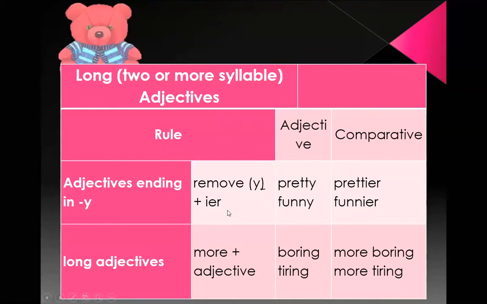But if we have a y at the end of the adjective, what do we do with the y? We look at the letter before the y. If it's a consonant, not a vowel, we omit the y and add ier. So pretty will be prettier, funny will be funnier.